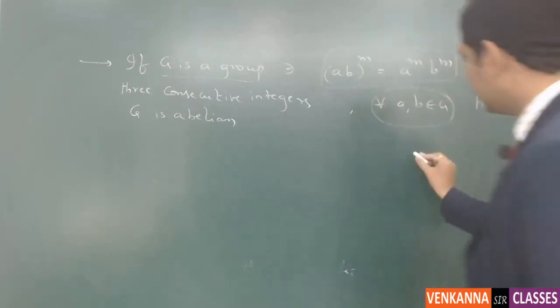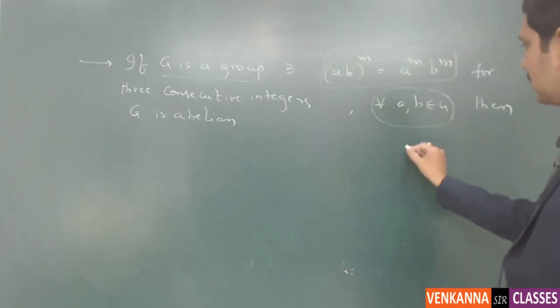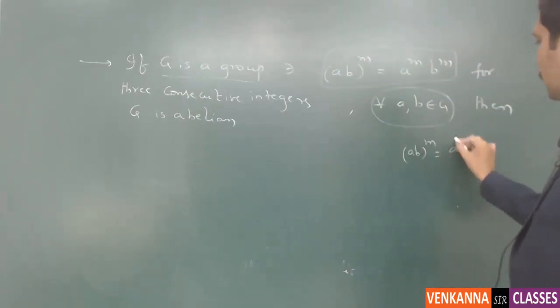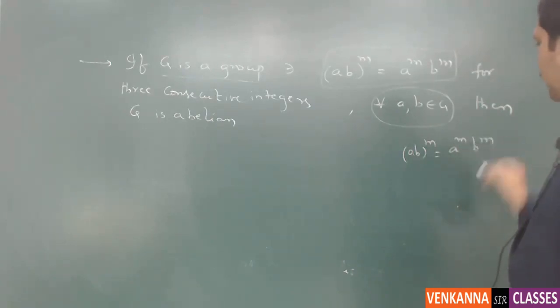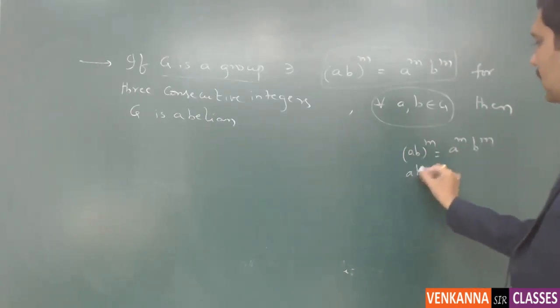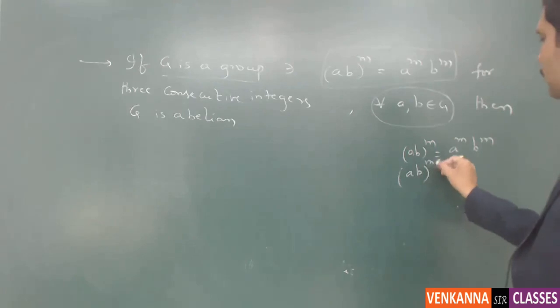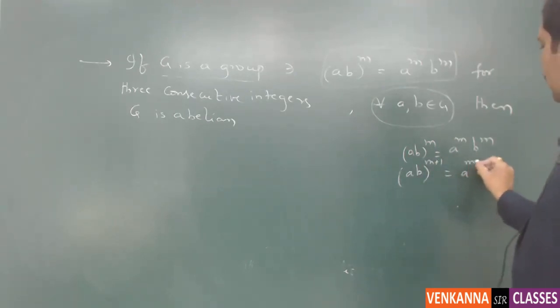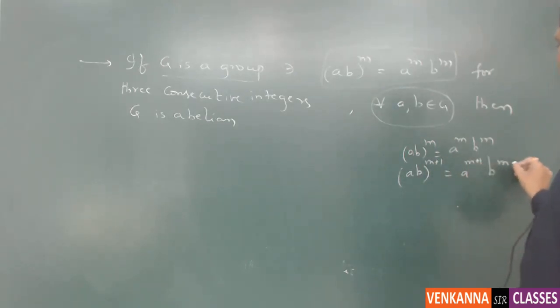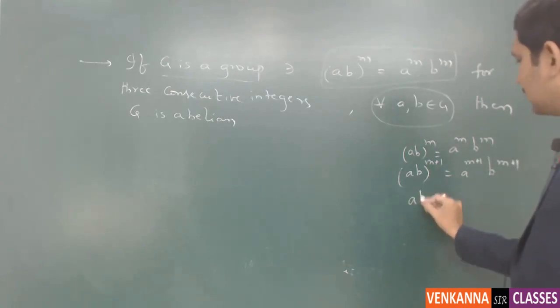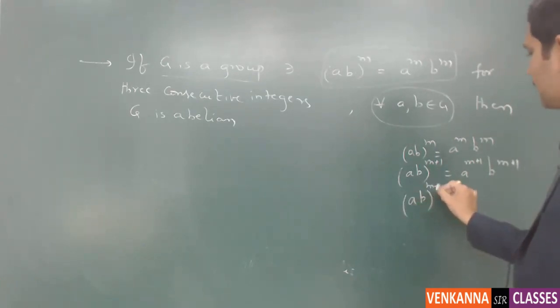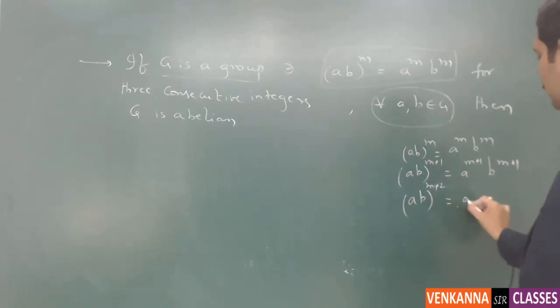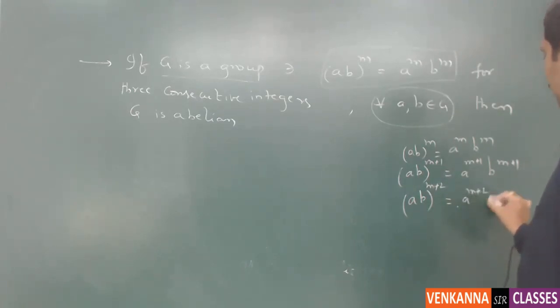It means that (AB)^m equal to A^m B^m, (AB)^(m+1) equal to A^(m+1) B^(m+1), and (AB)^(m+2) equal to A^(m+2) B^(m+2).